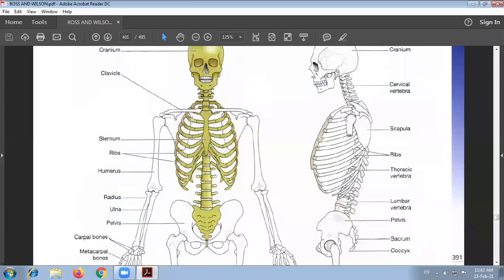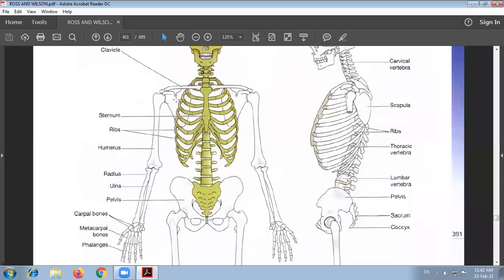Then the appendicular skeleton consists of the upper limb and the lower limb. The upper limbs have the pectoral girdle, that is the shoulder girdle, which has the 2 scapula, left and right side one. Then this is the clavicle here. It is also called the collarbone. Then it has the left hand and right hand, which has the humerus. Then radius and ulna.